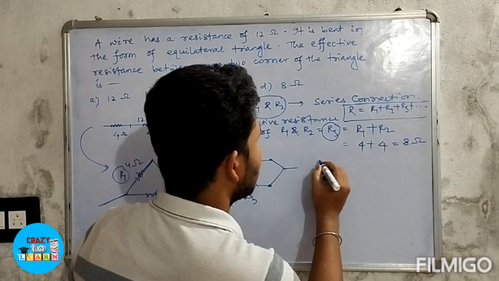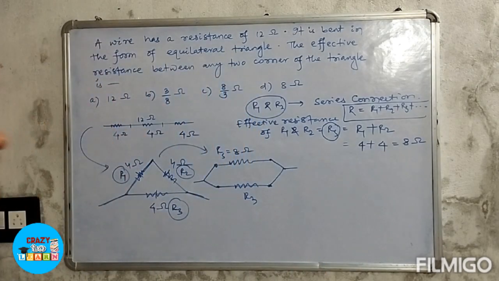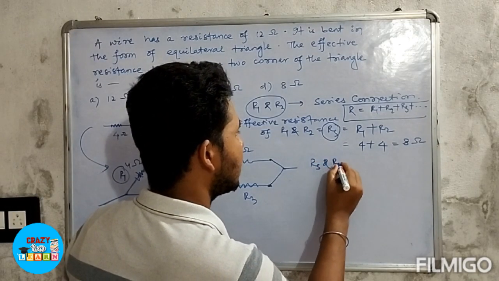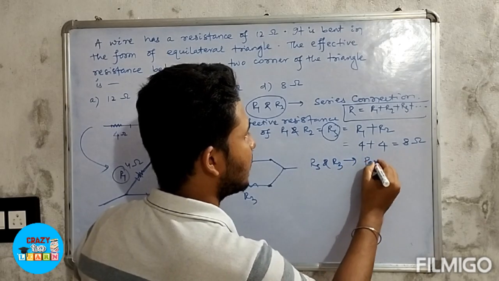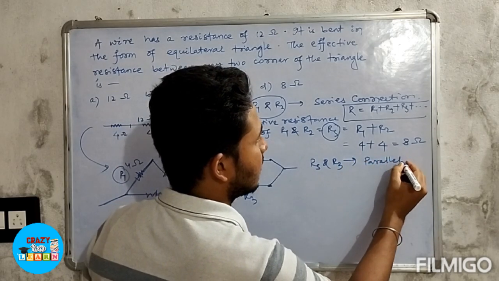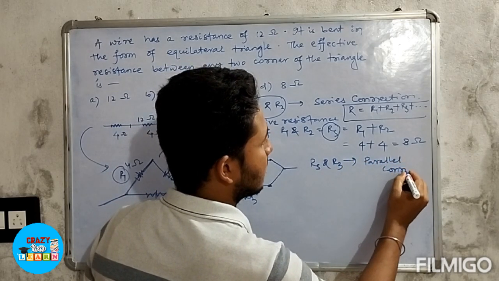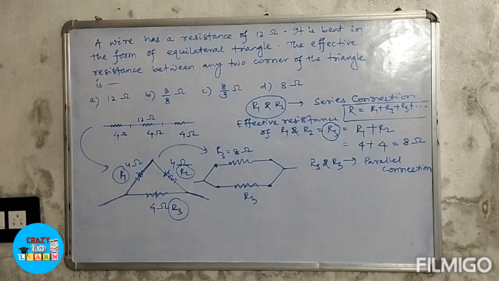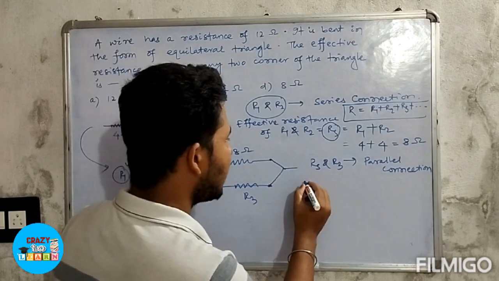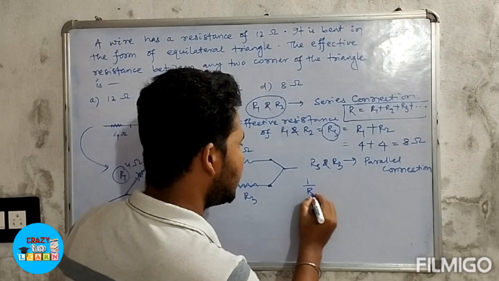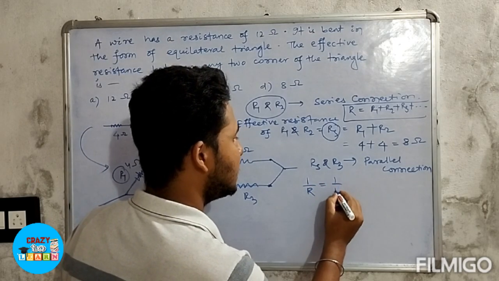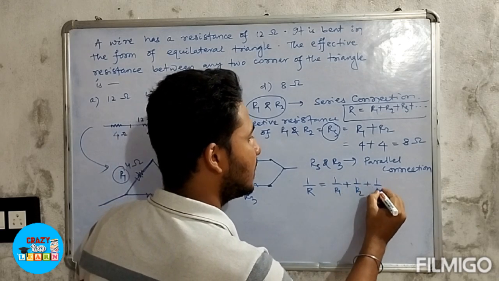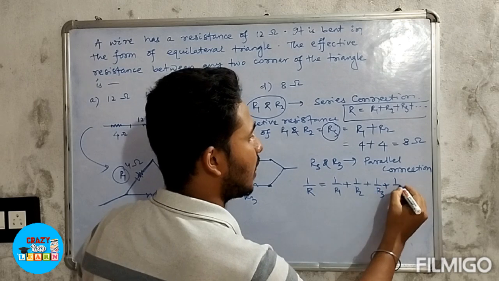So RS and R3 are in parallel connection, and when resistances are in parallel connection, what is the effective resistance? 1 by R is equal to 1 by R1 plus 1 by R2. We have to add the reciprocals.